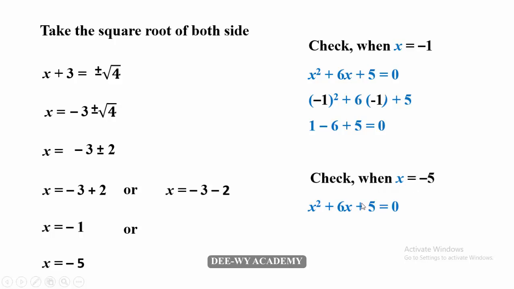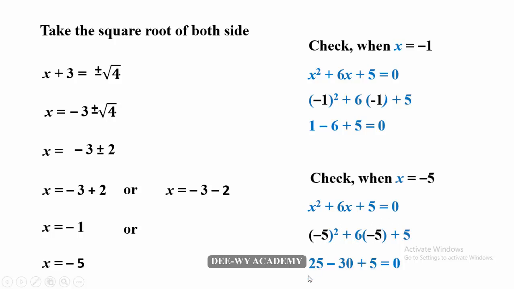And the equation is x squared plus 6x plus 5 is equal to 0. To check, we substitute this value of x, which is minus 5, into the equation. When you substitute it, we have minus 5 raised to power 2, which is this x raised to power 2, plus 6 times x, which is 6 times minus 5, plus 5.